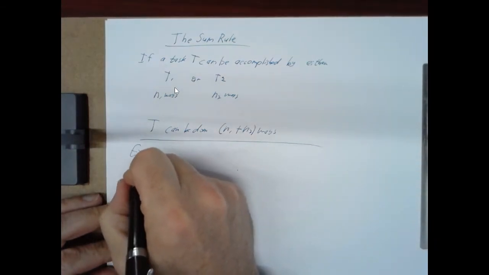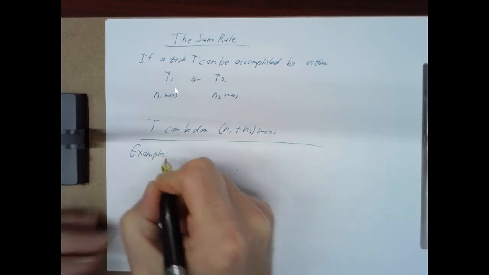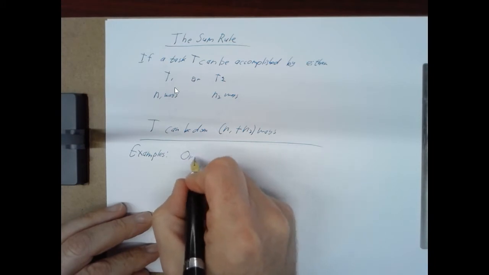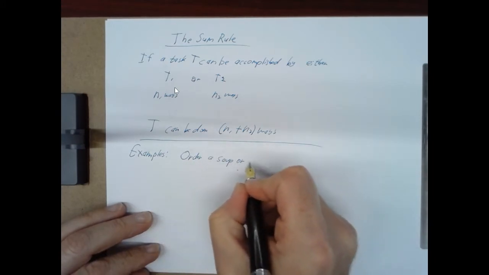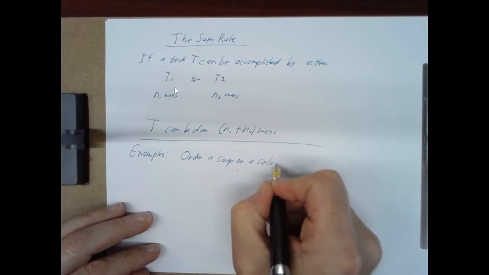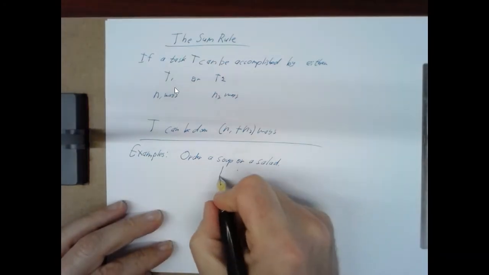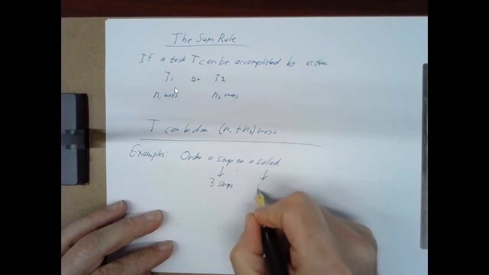Okay, so examples. Order a soup or a salad. So you go to a restaurant and as an appetizer they will bring you either a soup or a salad. And let's say that there are 3 soups and there are 5 salads.